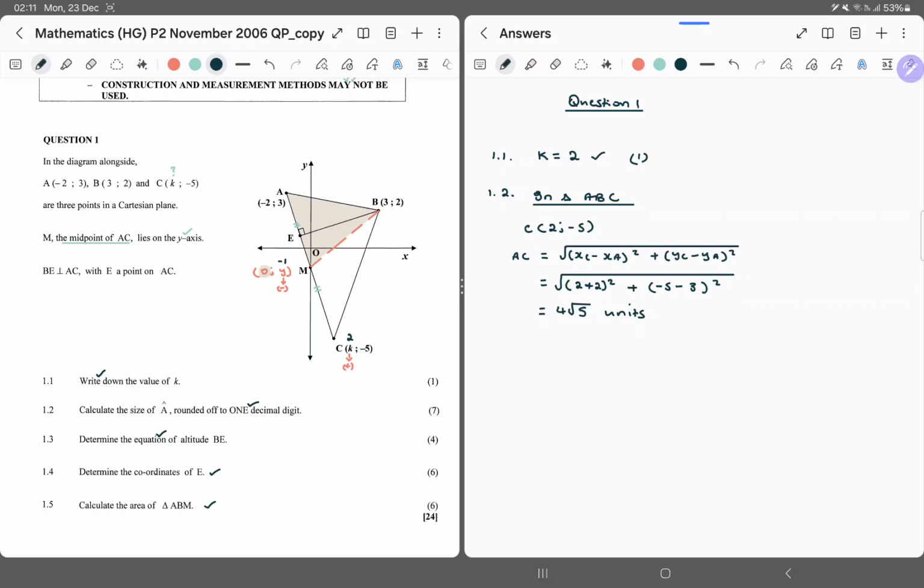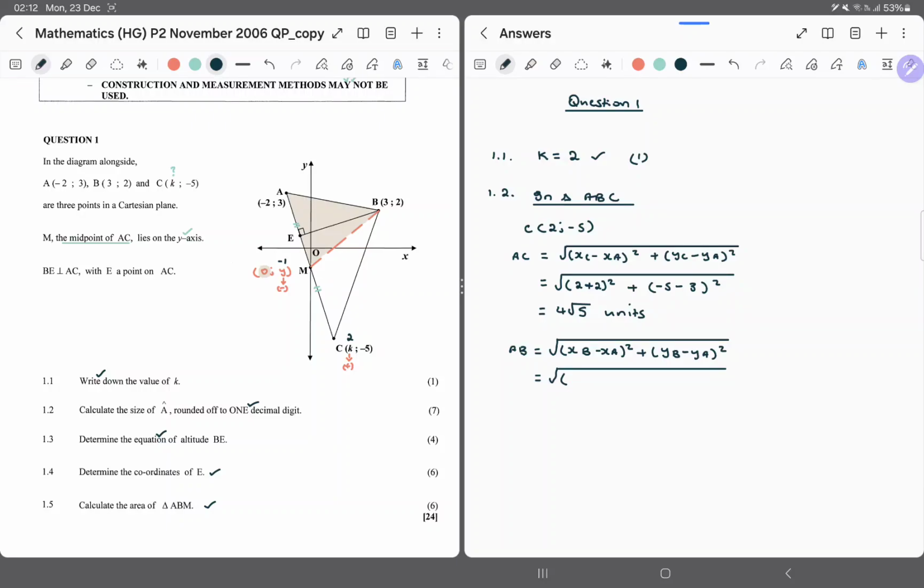Now we want AB is equal to the square root. This is going to be x at B minus x at A all squared, y at B minus y at A all squared. Some smart people often just jump in and substitute.